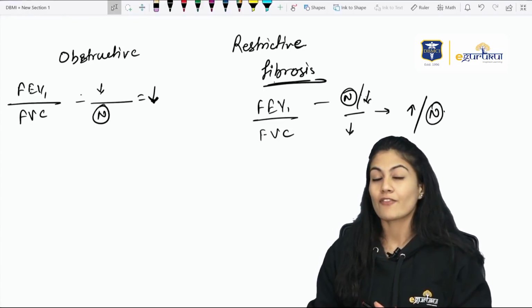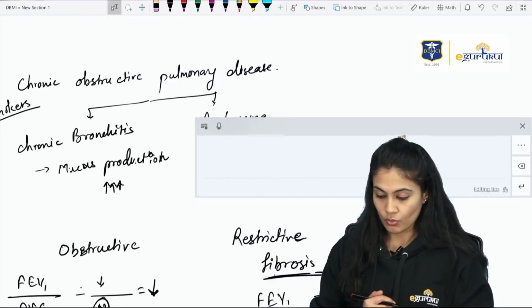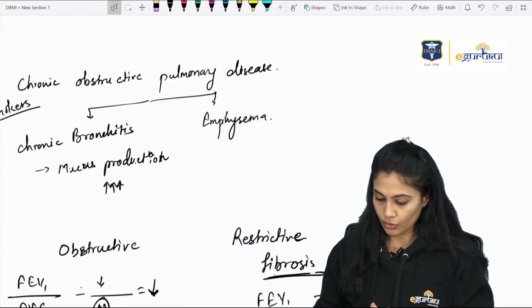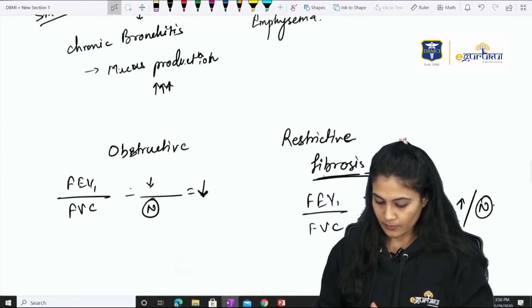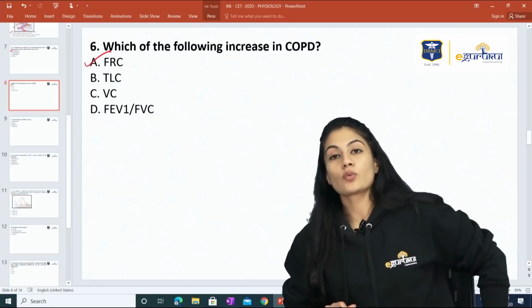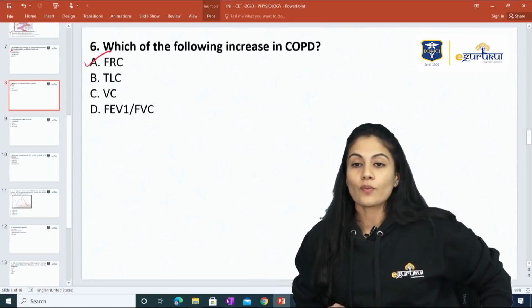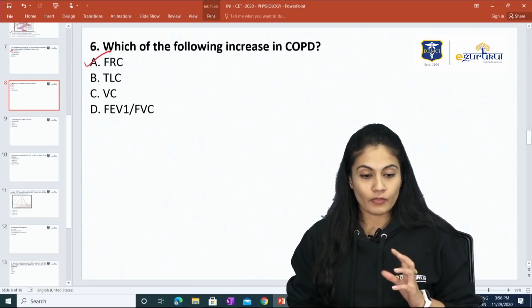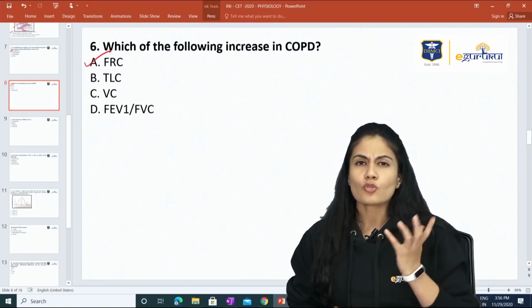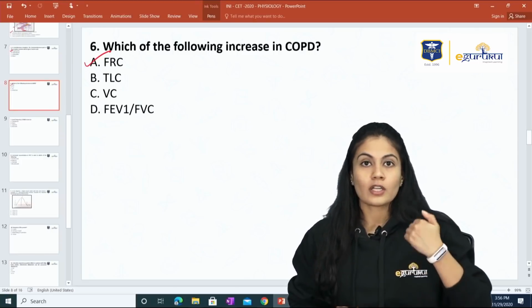In emphysema, chronic obstructive pulmonary disease, what is going to happen to the ratio? The ratio is going to decrease, right? And what they ask is what is going to increase. In severe obstruction, full air cannot come out.